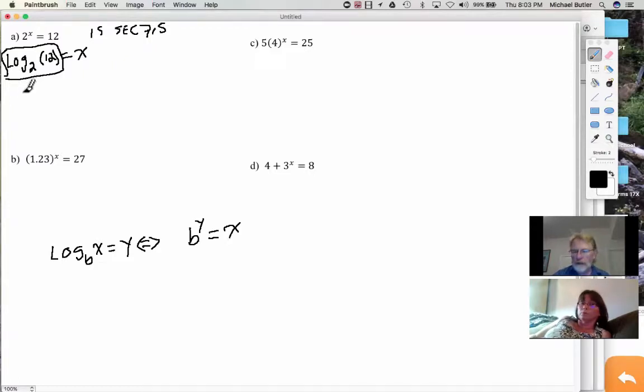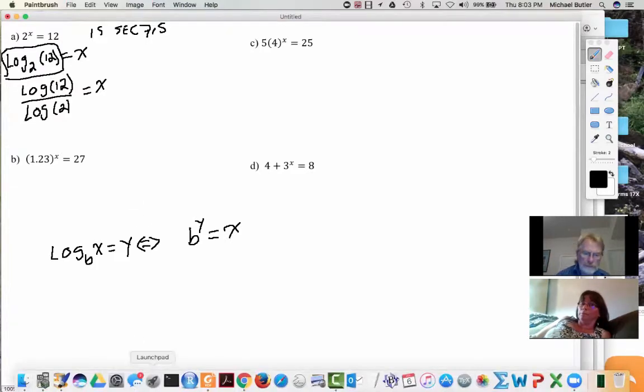So if you've got an old TI-83, it'll still work, all right? You use your log key, your base 10 key. So it's logarithm base 10 of 12 divided by logarithm base 10 of 2, and that'll be equal to x. That's how you actually evaluate that logarithm.